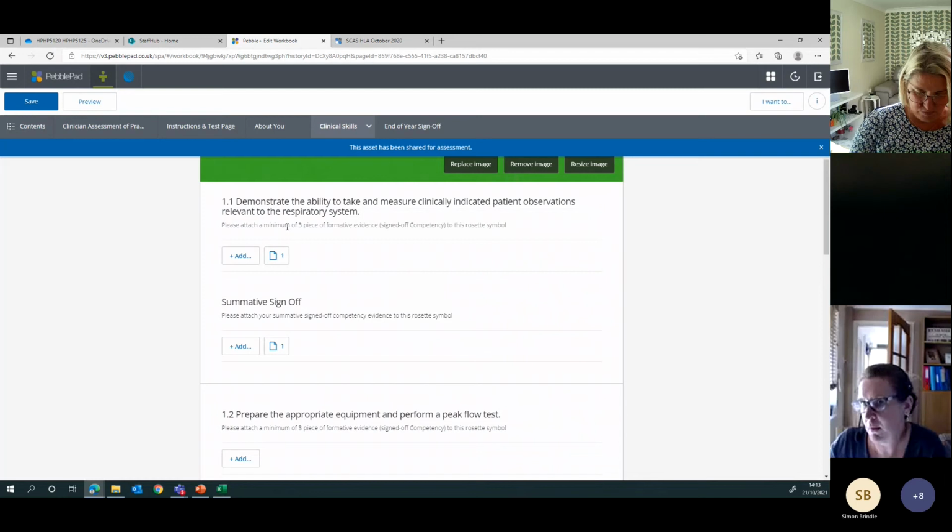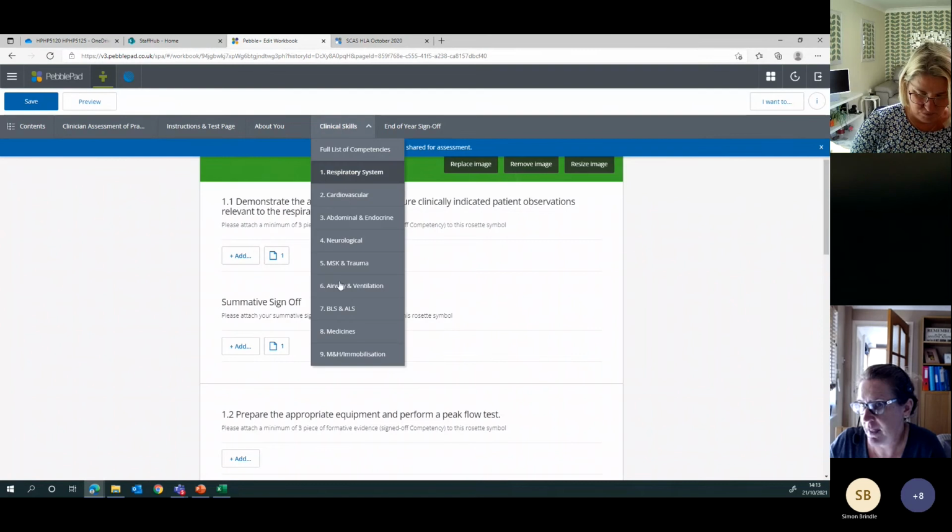You will notice at the moment it does say please attach a minimum of 3 pieces of formative evidence. The students don't actually need to do a minimum of 3. We are in the process of updating the workbooks at the moment, and I'll go through what's expected as far as the amount of evidence when we talk about the styles of evidence in a bit. And the other thing, when we talk about these competencies, anyone can sign these off of NQP2 and above.